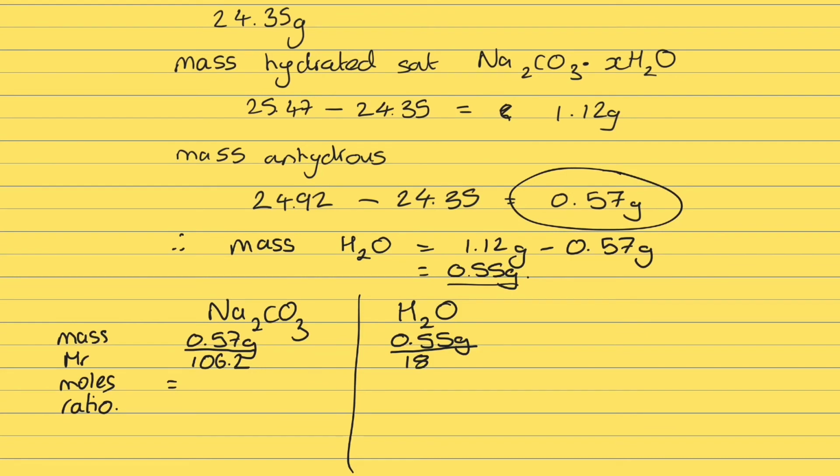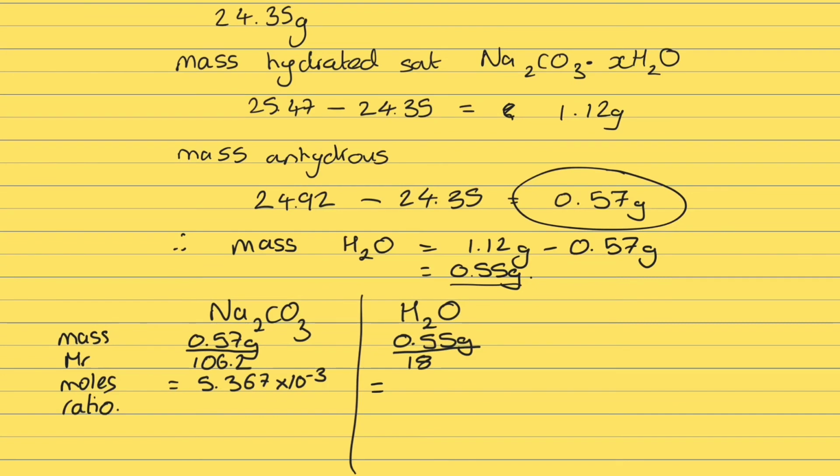So 0.57 divided by 106.2 gives you 5.367 times 10 to the minus 3 moles. And the moles of water is 0.55 divided by 18, which is 0.0306. We identify which is the smallest. The smallest number should always be 1.